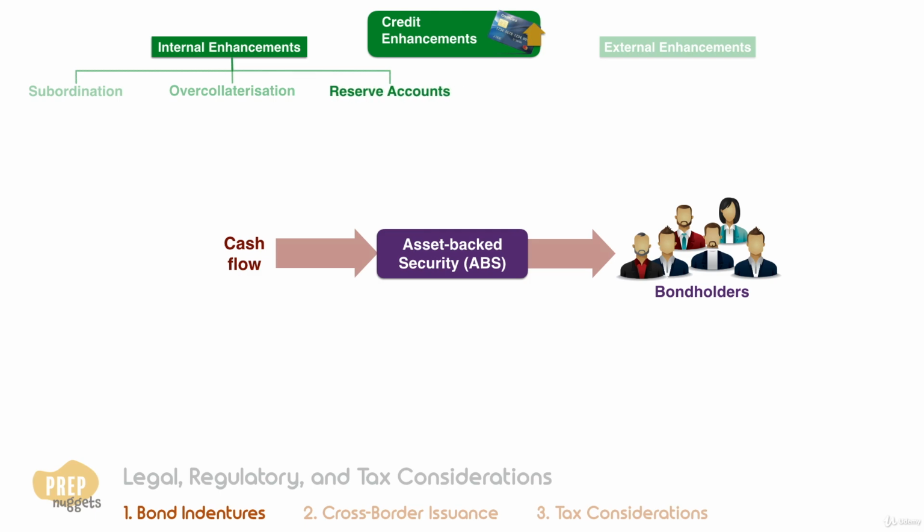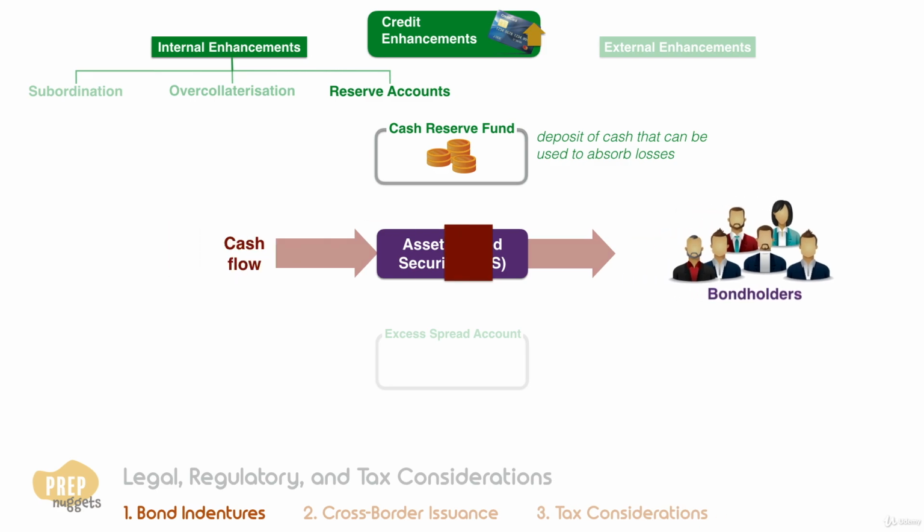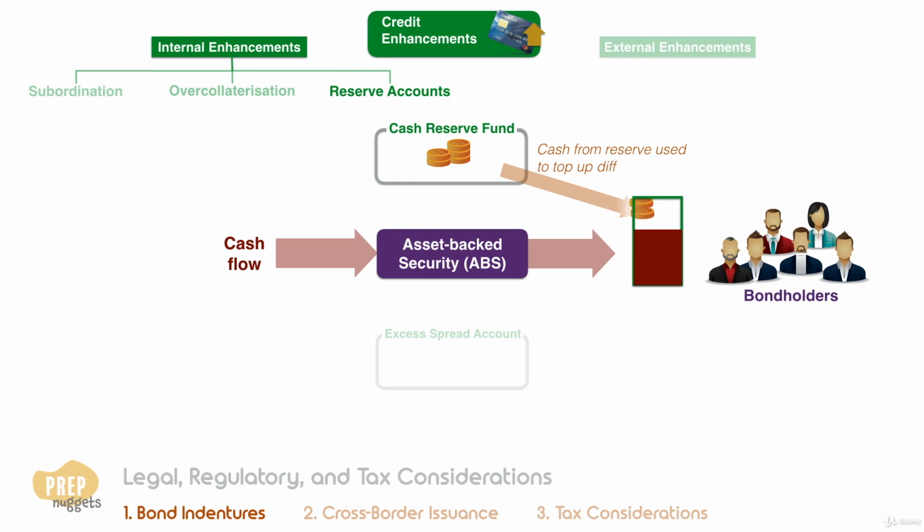Reserve accounts can come in two forms, a cash reserve fund and an excess spread account. A cash reserve fund is simply a deposit of cash that can be used to absorb losses. If the cash flow from the asset is insufficient to meet the promised payments, the cash flow from the account can be used to top up the difference.